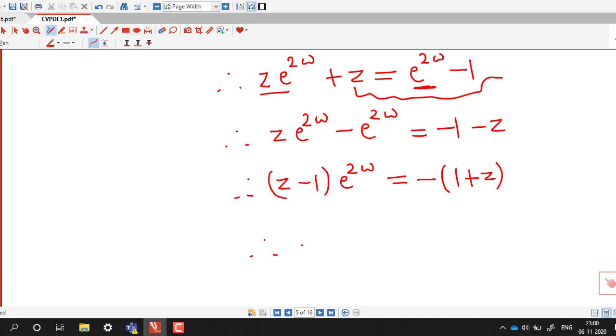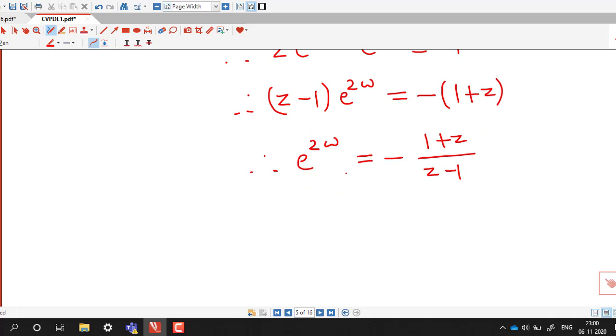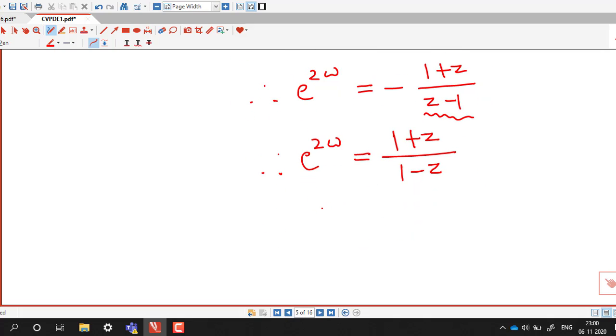So from this we obtain e raised to 2w equal to negative of 1 plus z over z minus 1. And this negative sign we can adjust with z minus 1. So this we can rewrite as 1 plus z over 1 minus z. We multiply this negative sign with z minus 1, so we obtain 1 minus z.